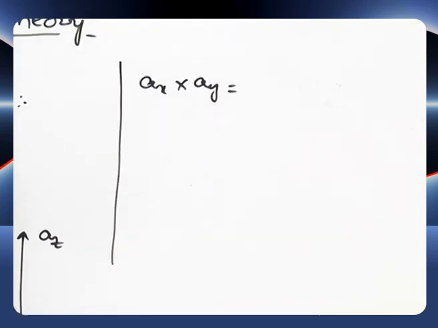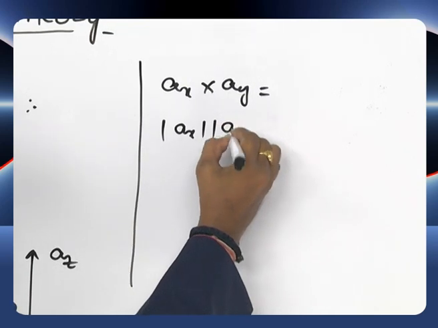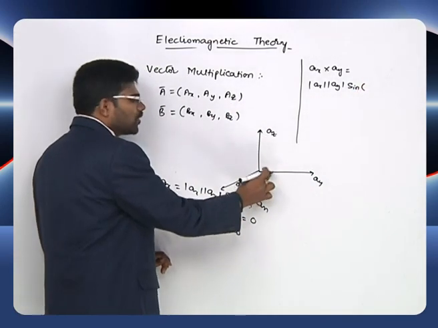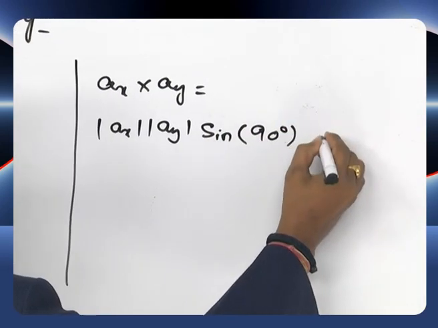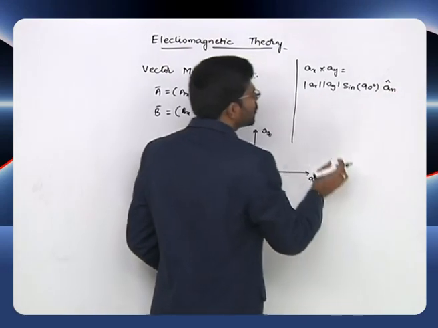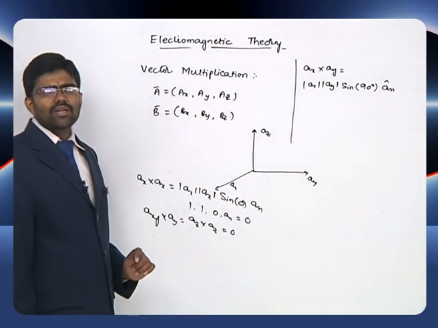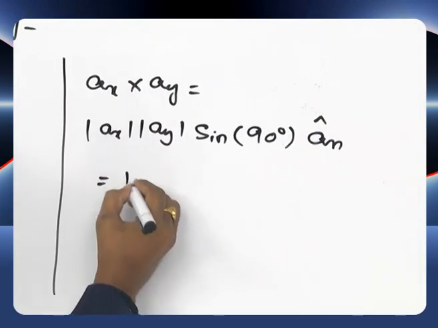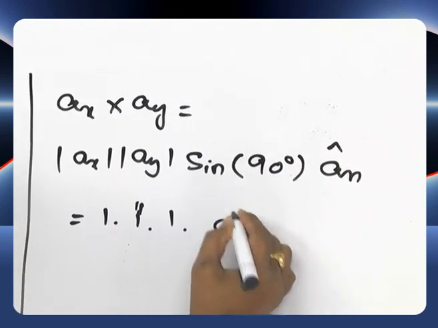Ax cross Ay is equal to the magnitude of Ax, magnitude of Ay, sine of the angle between x and y, where the angle between x and y is 90 degrees, multiplied with a unit vector which is perpendicular to both Ax and Ay, following the right handed thumb rule. Now observe the magnitude first, which is 1, 1 and sine 90 is 1, An.